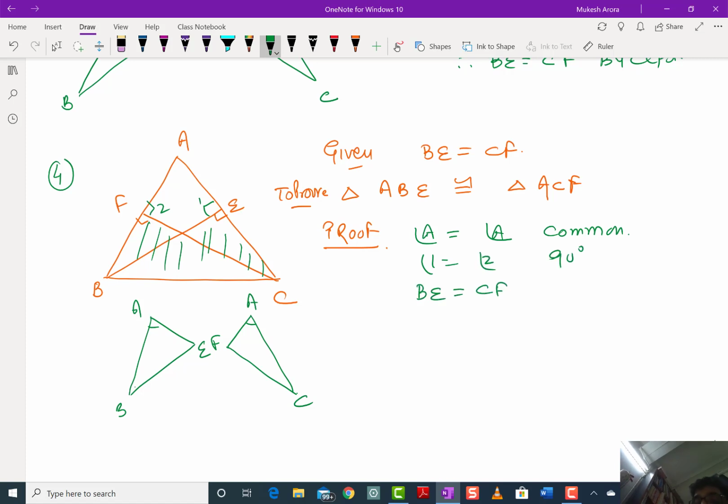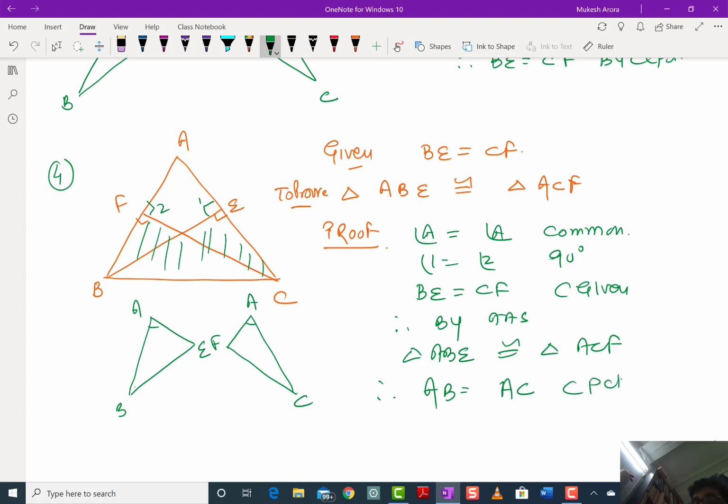BE is equal to CF, it's given. Therefore, by AAS, triangle ABE is congruent to triangle ACF. Therefore, AB is equal to AC, by CPCT. Therefore, triangle ABC is an isosceles triangle.